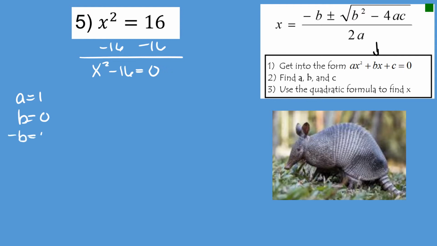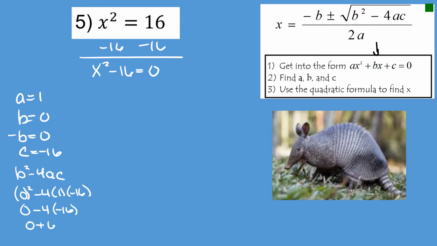Making the opposite of b also 0. C is negative 16. So when I go to my discriminant, b squared minus 4ac, it's 0 squared minus 4 times 1 times negative 16, 0 minus 4 times negative 16, 0 plus 64, so it equals 64.